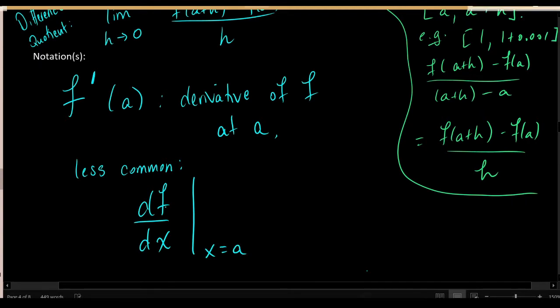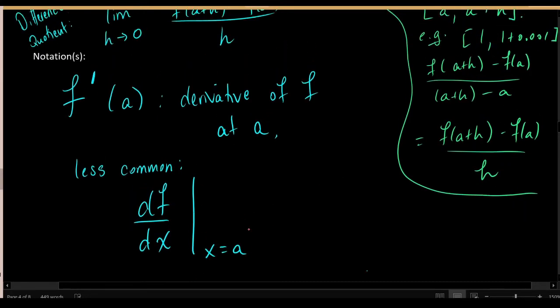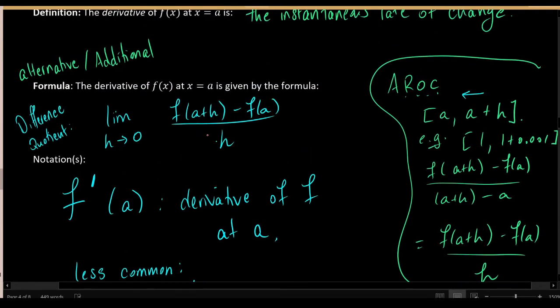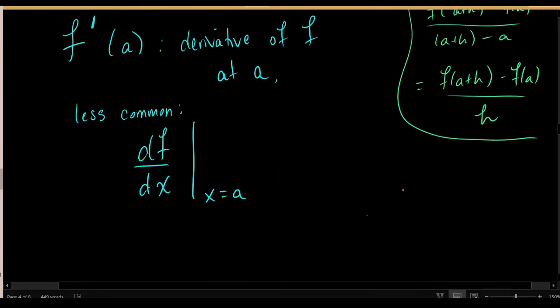The d here stands for difference, and it comes from the fact that when we take the average rate of change, we're taking a difference between two values of f, and then we're dividing it with a difference between two values of x. The vertical bar with the x equals a is just telling you that you're interested in the rate of change at x equals a, not at any other time or location.